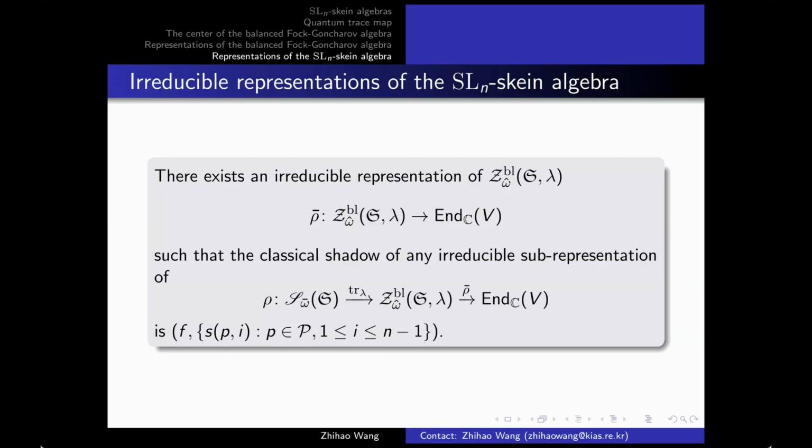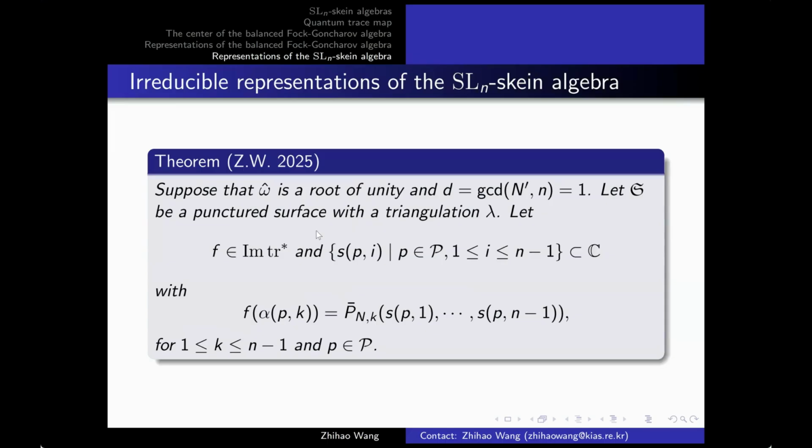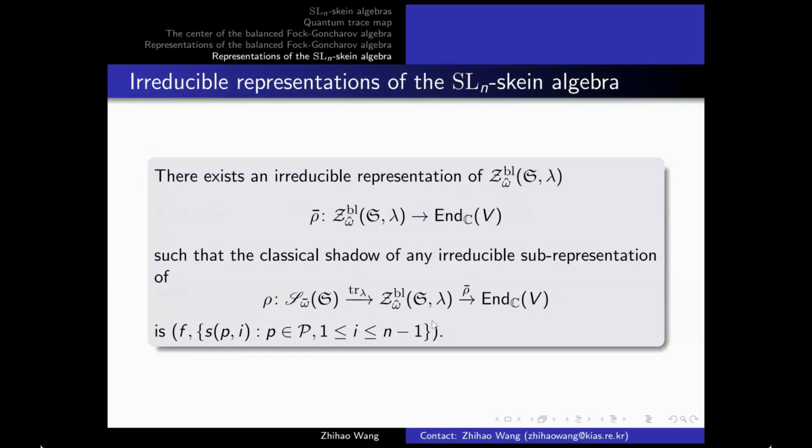Until now, we can prove such a thing for SL2 and SL3, but we cannot prove this for general SL n. And also, we should expect that we can remove this restriction. Just for any F and S, we can find an irreducible representation whose classical shadow is that.